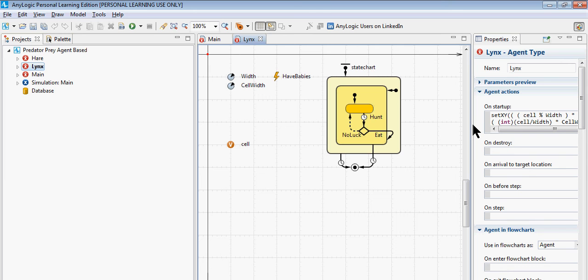But in both cases, and I didn't highlight it, lynx and hares have a location associated with them, which is their current location.